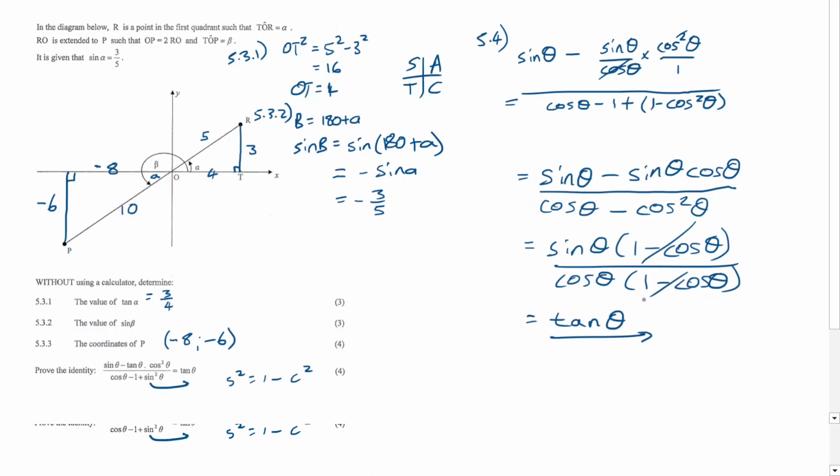And so 2 things about this question, in addition to what I've said. The one is just the importance of filling in information constantly as you go, like seeing this tan was sine over cos and the sine squared was 1 minus cos squared.